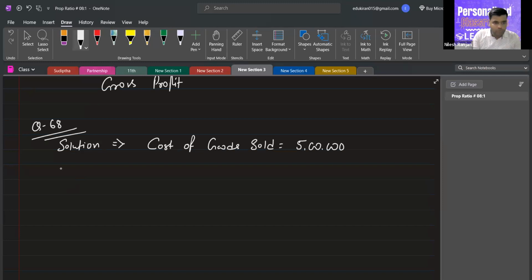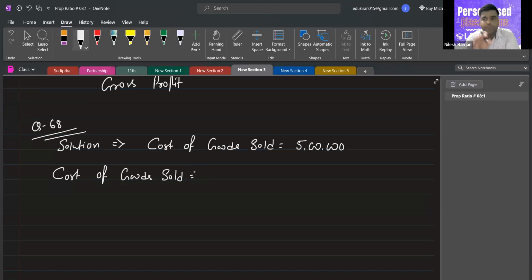So we will write the cost of goods sold formula here. If any information is missing in the question, then you have to think in which formula, in which equation, the missing item is included.